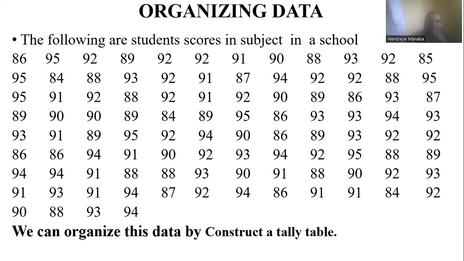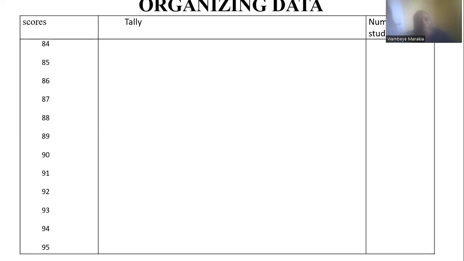We are now going to organize this data by looking at what is the highest value and what is the lowest value, and list this data in ascending order, like we have done here. We've seen that the highest value is 95 and the lowest value is 84.